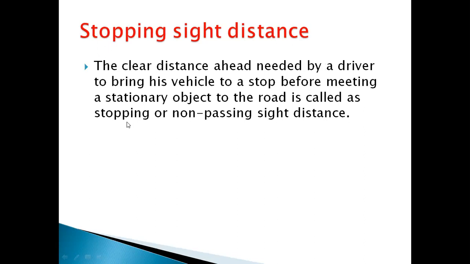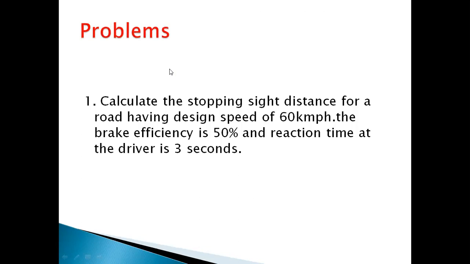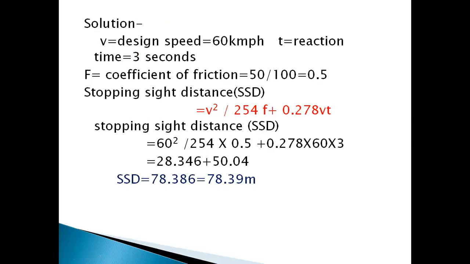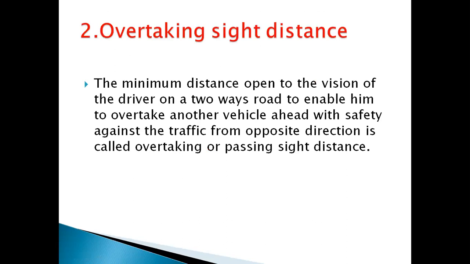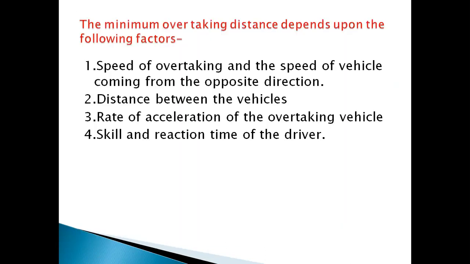Now see the stopping sight distance: the clear distance ahead needed by the driver to bring his vehicle to a stop is the stopping sight distance. We have discussed this problem of stopping sight distance. Then next is overtaking sight distance. The distance required to overtake the vehicle is the overtaking sight distance.